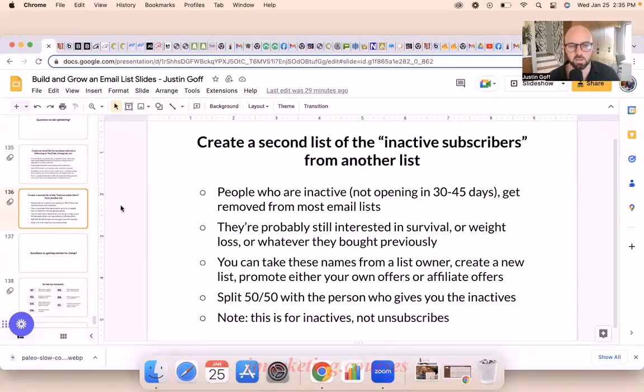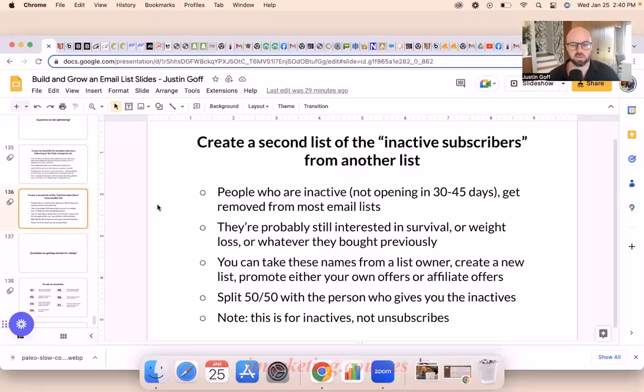If you're not opening, I don't want you on the list anyway. So most people who are inactive just get removed. But they're usually still interested in whatever it is they bought, survival, weight loss, whatever it is. And if you have enough of them, you could build up a pretty good email list, selling them other offers.